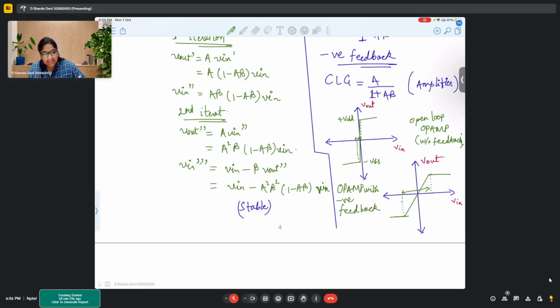Whereas this is not the case for an oscillator. In oscillators, you don't give any input, but your oscillator gives you an output. Because there is a positive feedback, your output is increasing continuously.